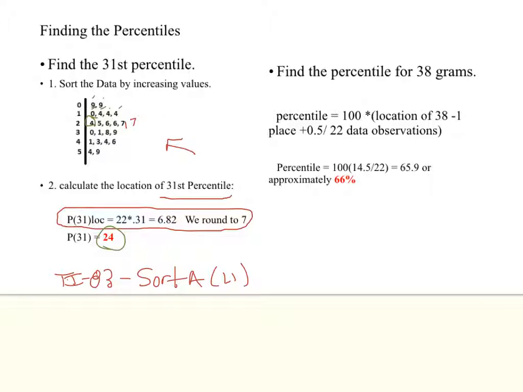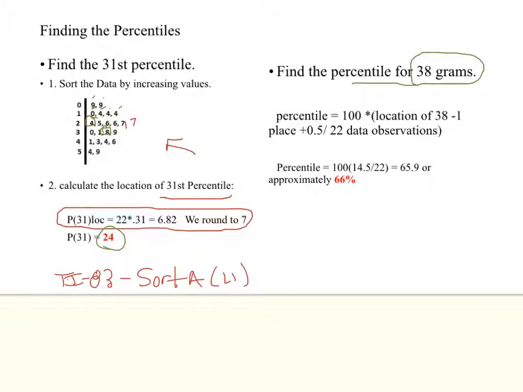The next question is find the percentile for 38 grams. Now here we have to do something slightly different. We count to where 38 is in the data set, and we find that there are 15 observations from the beginning to 38.